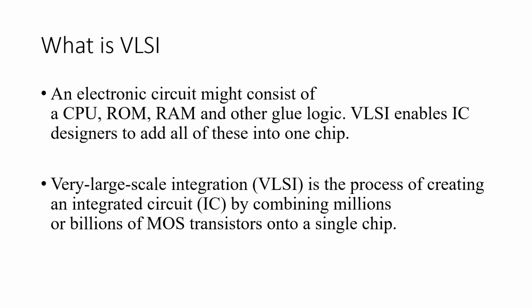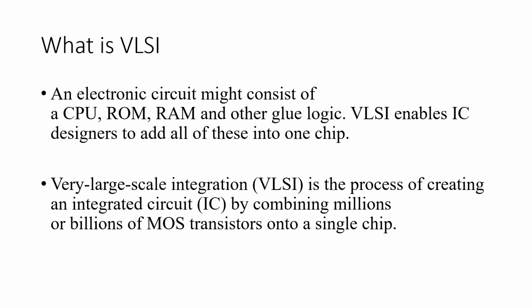Now let's see a definition of very large scale integration. It is an electronic circuit which consists of the central processing unit, various types of memories like ROM and RAM, and other glue logic, that is, the logic circuits built with the help of basic gates.